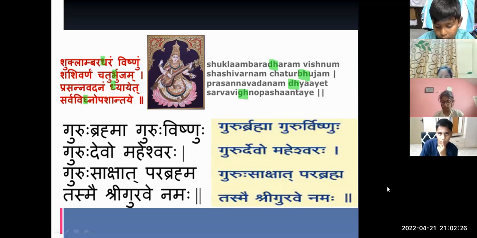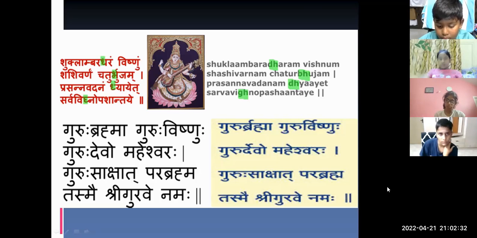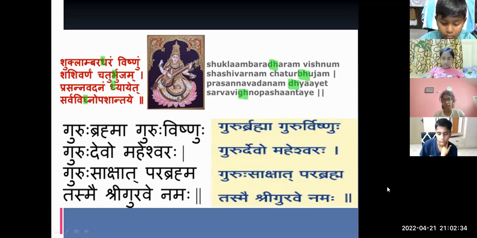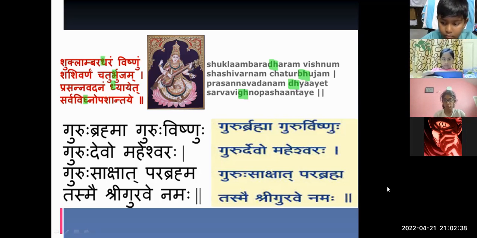Shri Gurave is very important. Two places generally we make mistakes: Guruve Namaha, that is wrong, or Gurave with a double na. That is not okay. The proper chanting is Tasmai Shri Gurave Namaha.